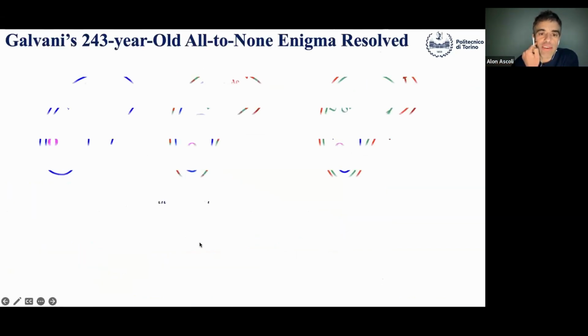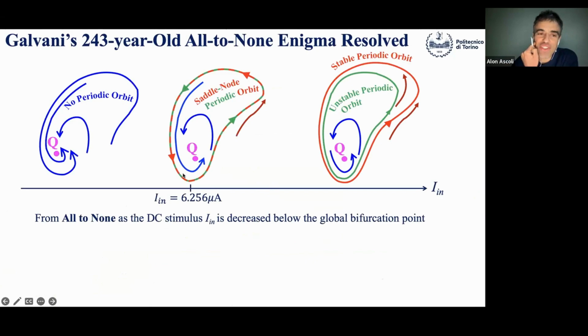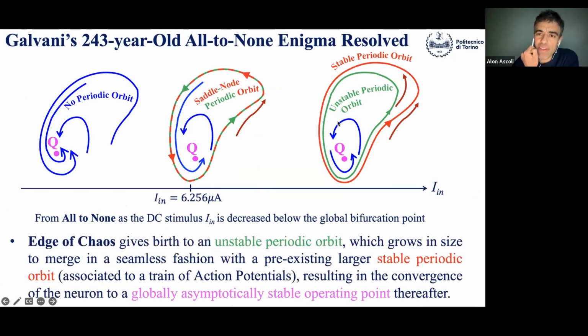So these are just a sketch of the phenomena that underlie the all-or-none effect. What happens is that the unstable orbit that was born out of a subcritical Hopf bifurcation, when the neuron was on the edge of chaos, grows very, very fast when the current is decreased, and at some point it merges with a stable one in a global phenomenon called saddle node limit cycle bifurcation.